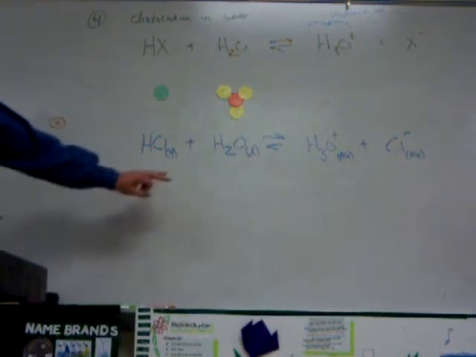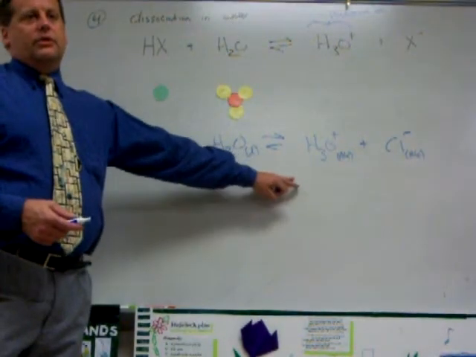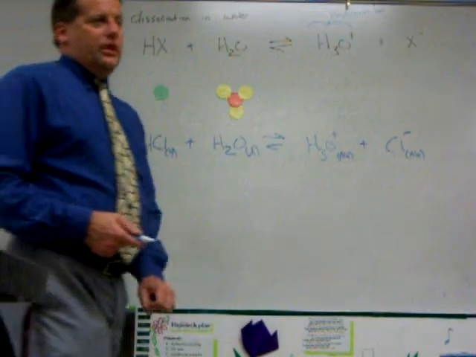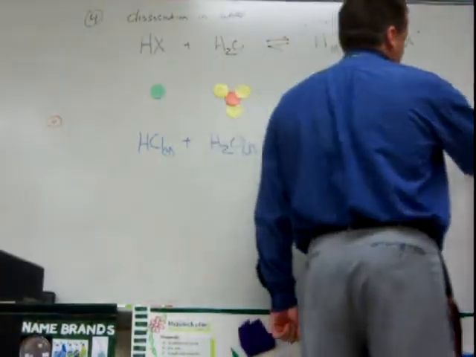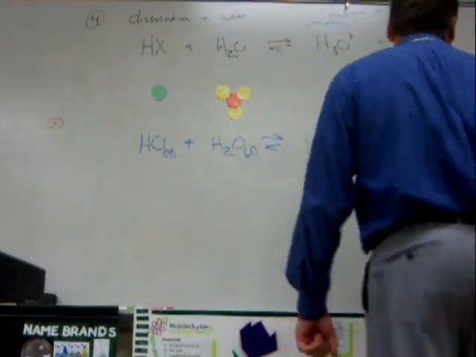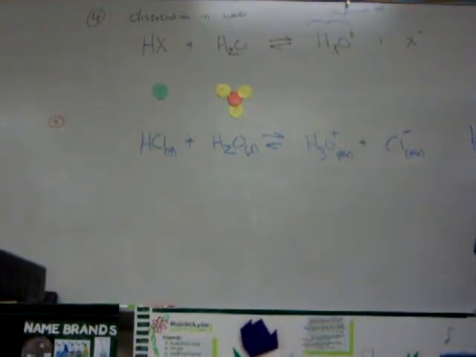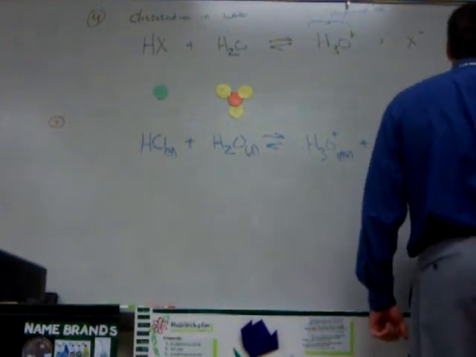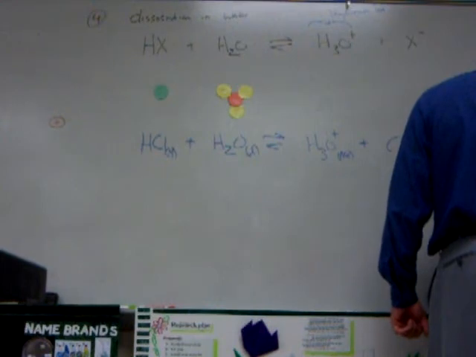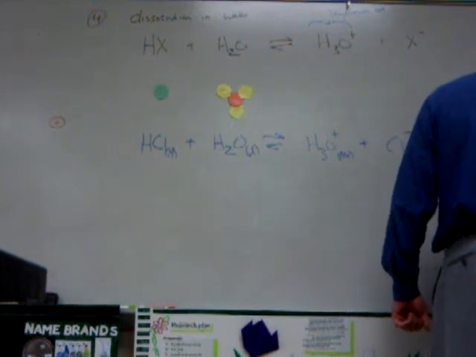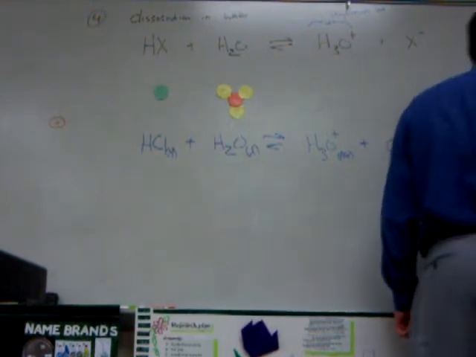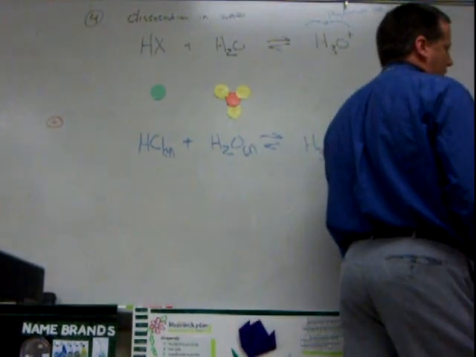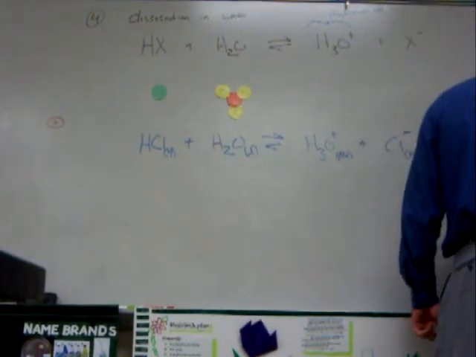So we can write a K expression for this because it's a reversible equilibrium. What is K going to be here? And there may or may not be anything in the numerator or in the denominator.